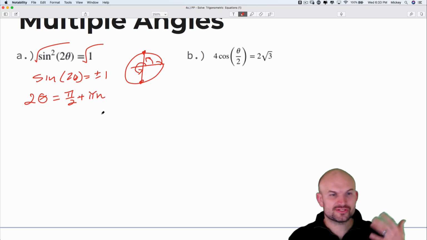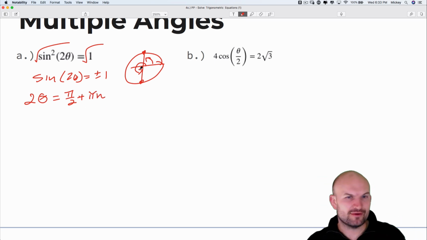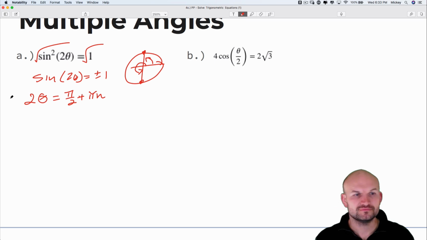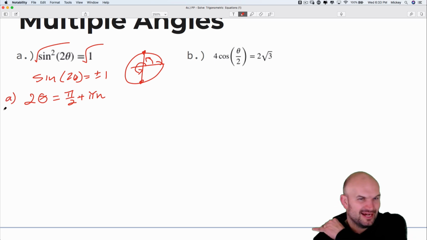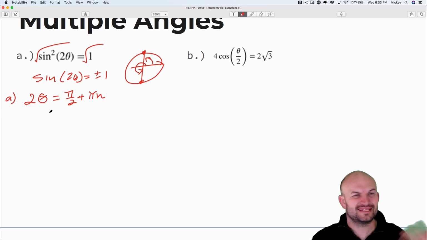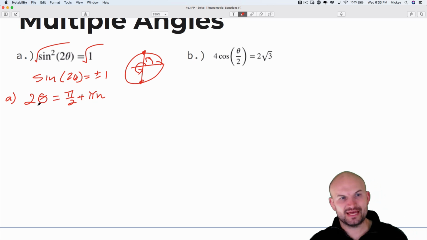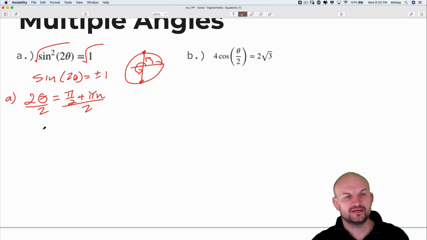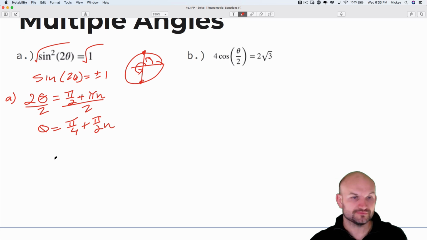And you can see why this is so helpful, because if I wrote both of these equations, I'd have to divide by 2 twice, and it's just so much more work. So it's nice to be able to see that they have that plus pi n, because now I can just solve by dividing by 2, and theta equals pi over 4 plus pi halves n.